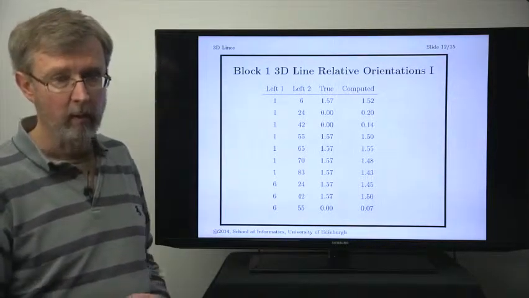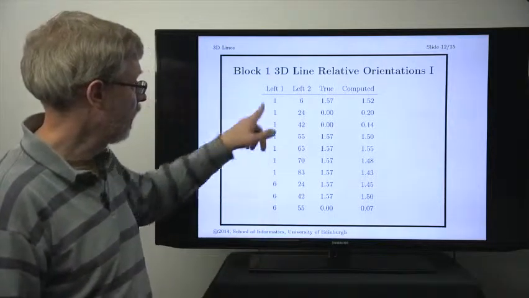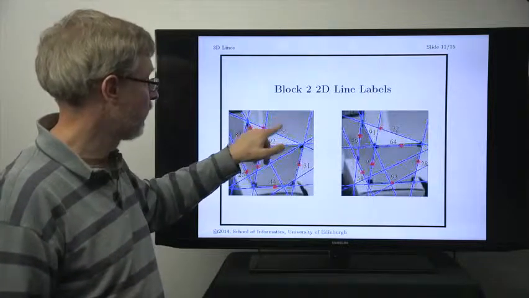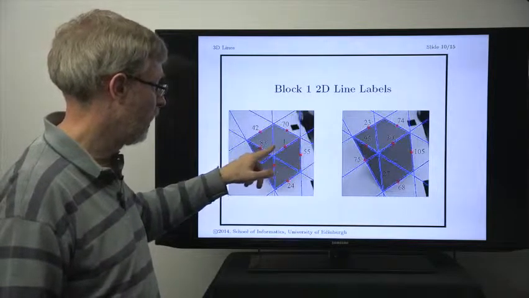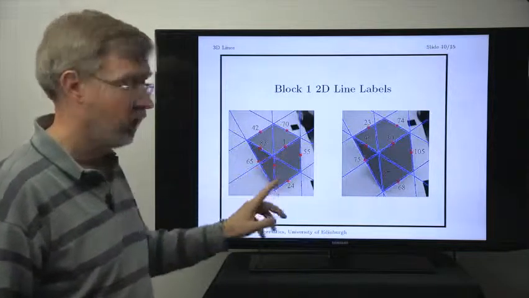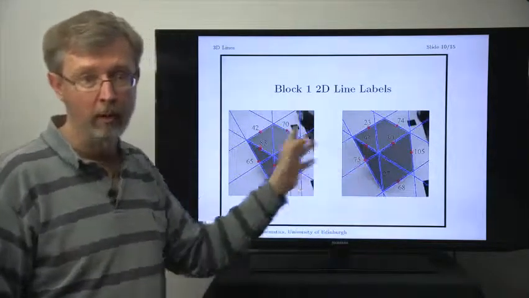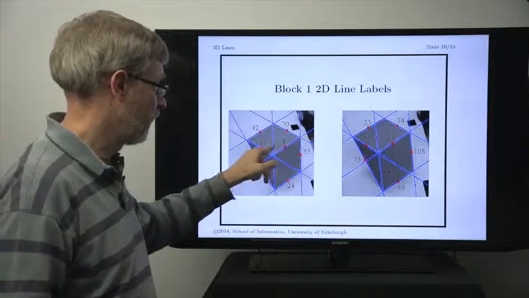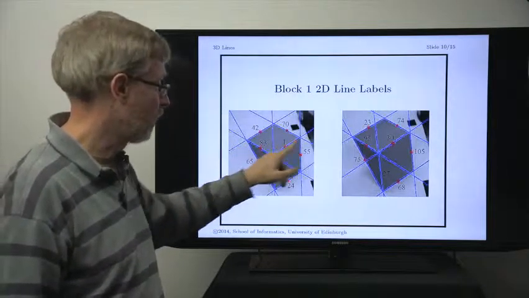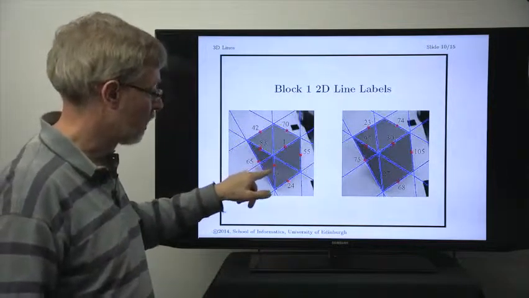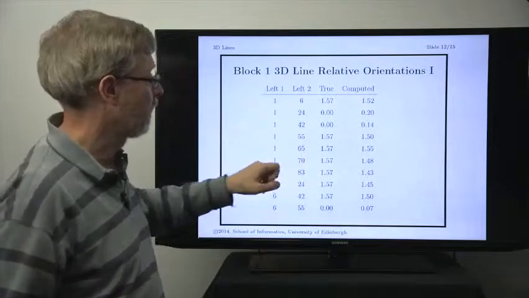Okay, so here I'll just do the left lines. If we go back to the left block, you'll see here's line number 1 and here's line number 6. Knowing what we know about these sorts of blocks, we would say that this should be a 90-degree angle, or a pi/2 radians angle between them. So we can now look at what calculation we get.